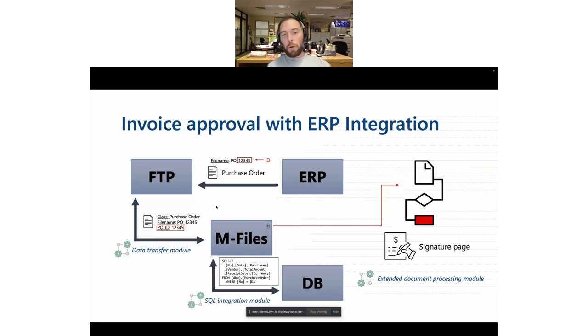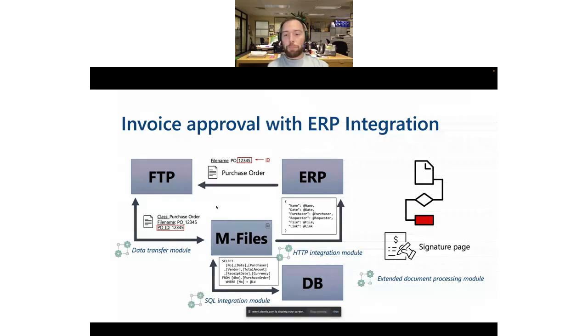In Croatia, some enterprises still request all this information on a piece of paper, so they add that extra page to the invoices, so that when they open the invoice or print it for some kind of administration, they will have all this information on paper in the same document as the original invoice. And we will do that using the extended document processing module.